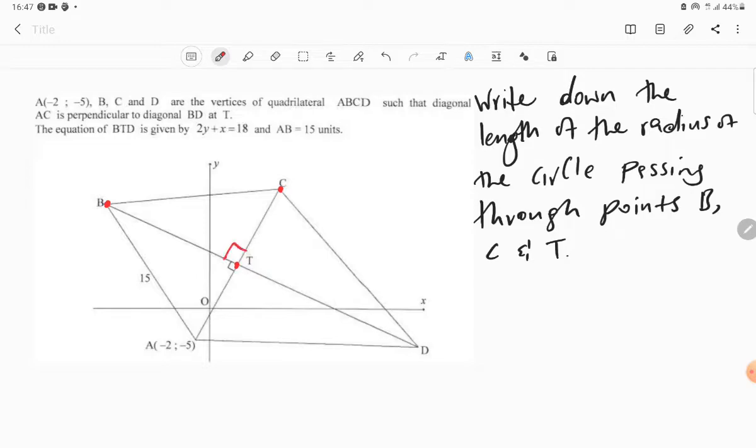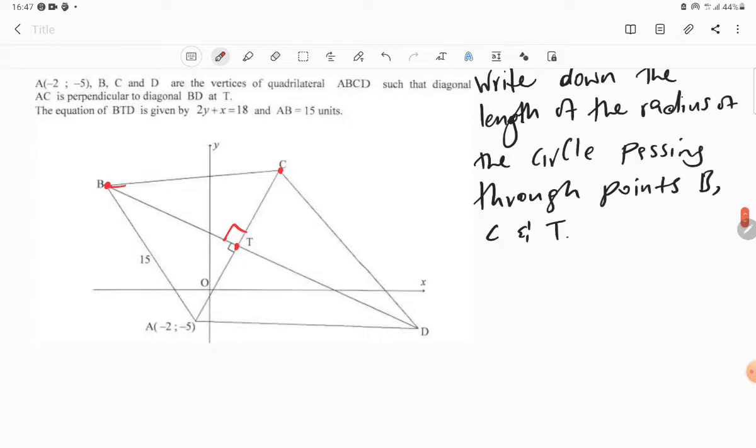And since this one is a right angle, therefore this one has to be the diameter, because T is on the circumference of the circle, and BC must be the diameter of the circle, because only the diameter subtends 90 degrees at the circumference of the circle.